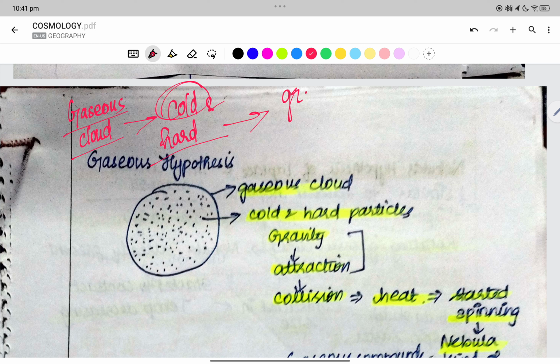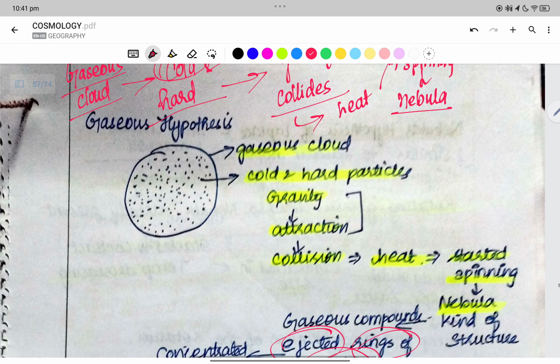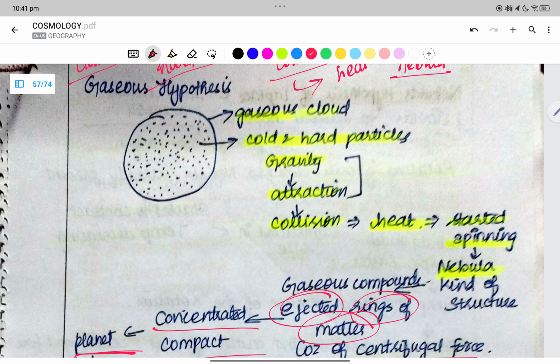Due to the influence of gravity, the particles collided, and because of the collision, heat is generated. This heat is responsible for the spinning of the cloud. Due to spinning, a nebula-like structure forms, with ejection in the form of rings of matter.